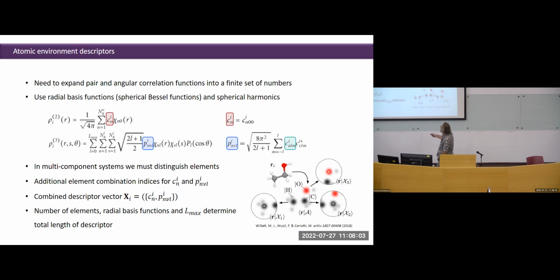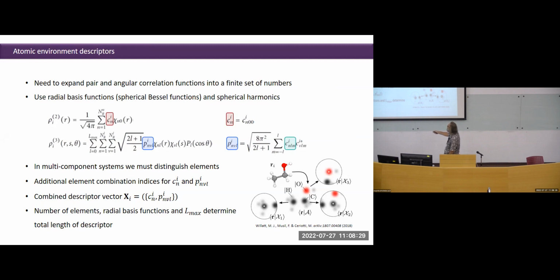And that means that for a single atomic system with a single atomic species, we end up with something like a few hundred coefficients. These coefficients that we store basically describe our local environment, and per atom, if you have only one species, there are a few hundred of these coefficients to be stored.